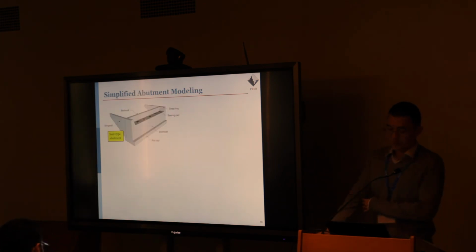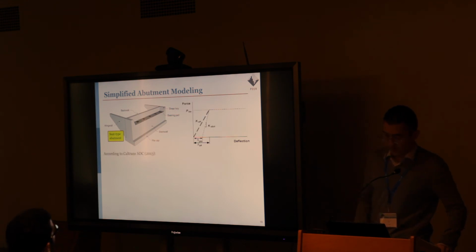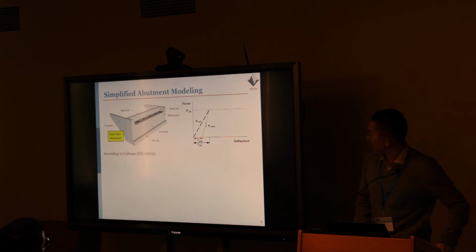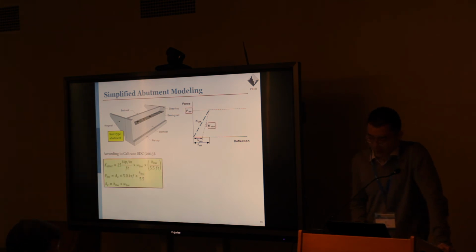For the abutment, we chose the seat-type abutment, and the simplified abutment modeling was selected. According to Caltrans SDC, the force displacement backbone curve in the longitudinal direction is shown on the right, and the stiffness and the strength are given by the following expressions.